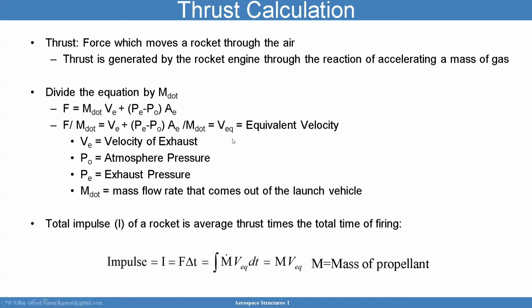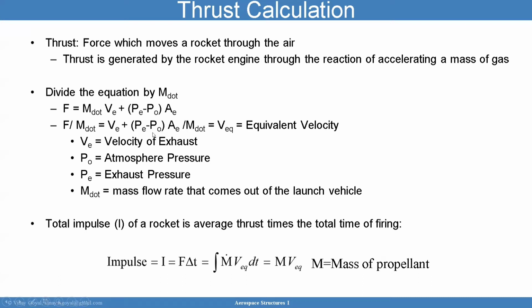Let's examine this carefully. Why is this equivalent velocity? Here you have VE, the velocity of the exhaust, which is clearly in units of meters per second or miles per hour. Then you have the difference in pressure, and right here that gives you units of force, since pressure times area is force. And force divided by m dot gives you units of velocity.